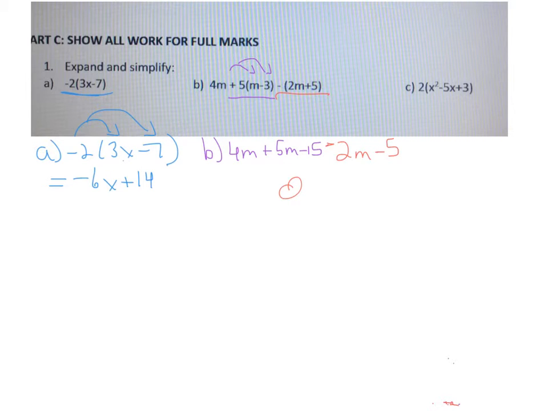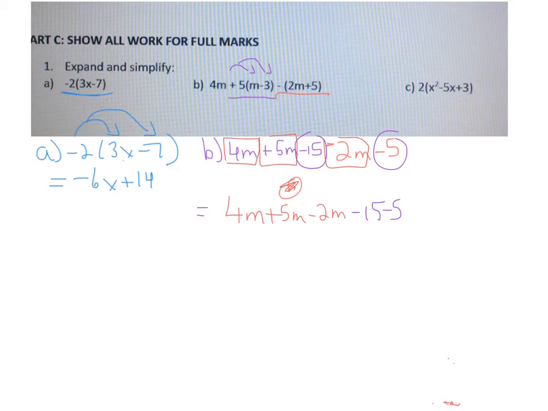Now when we add up like terms, just ignore this, I can't seem to get rid of it. 4m plus 5m minus 2m are all like terms. So we're going to put those guys together. And for the number part, we've got minus 15 and minus 5. Let's put those together.